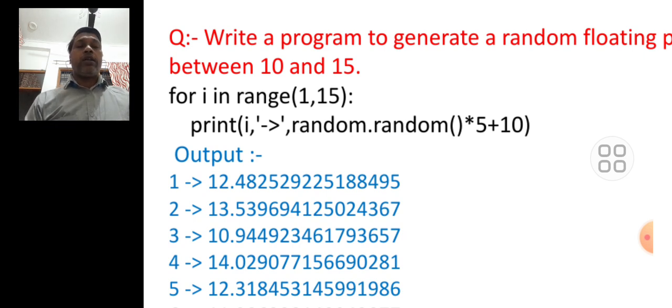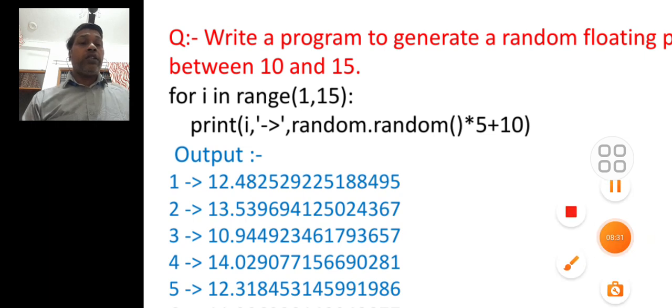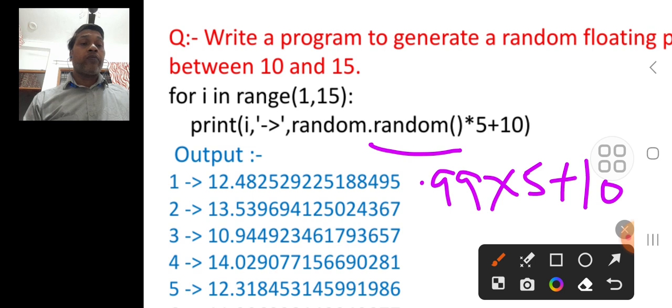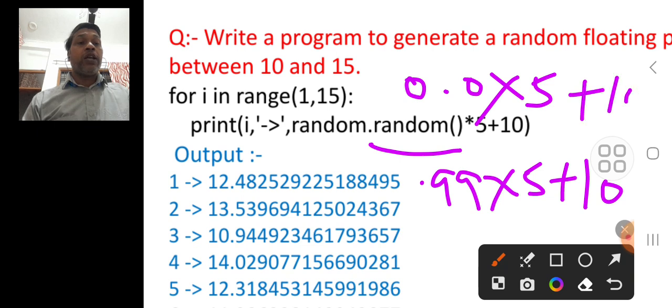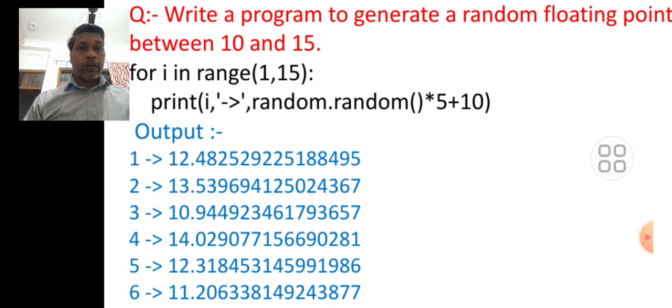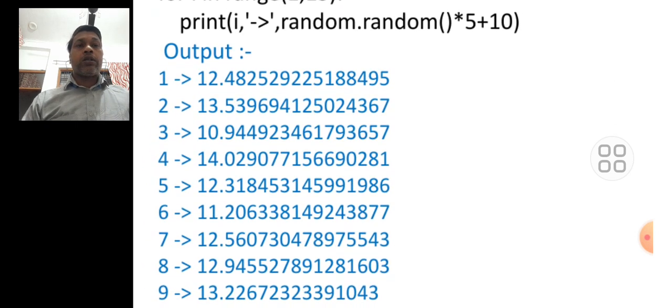But if random produces 0.99, then 0.99 multiplied by 5 plus 10 gives almost 15. Look at the result.